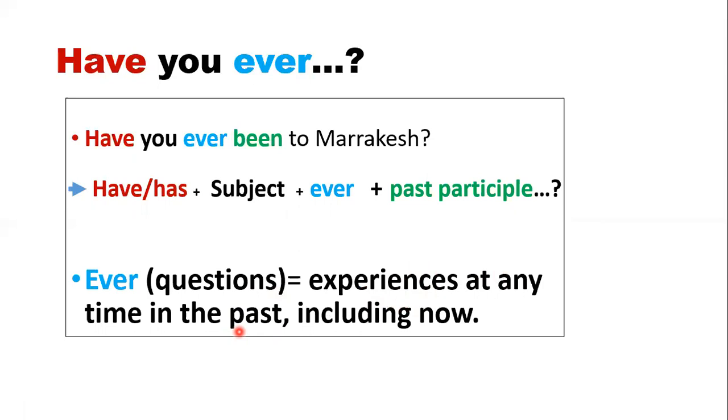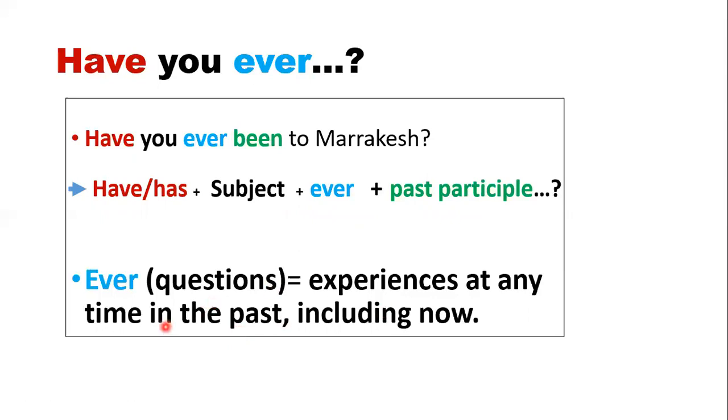Have you ever been to it in the past? And including now. In Moroccan Arabic, we use وش عمرك, عمرك, which means your whole life, which is in the past and now, but not the future, because in the future, you might go to Marrakech in the future. Okay? So, time in the past, including now.